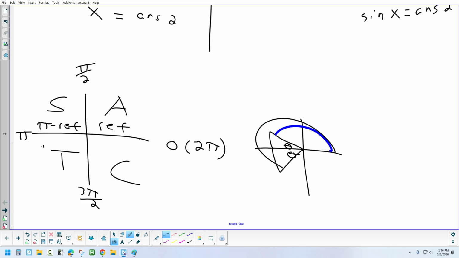How about quadrant 3? If you knew that reference angle between the x-axis and hypotenuse, quadrant 3? Pi plus your reference angle. And how about quadrant 4?